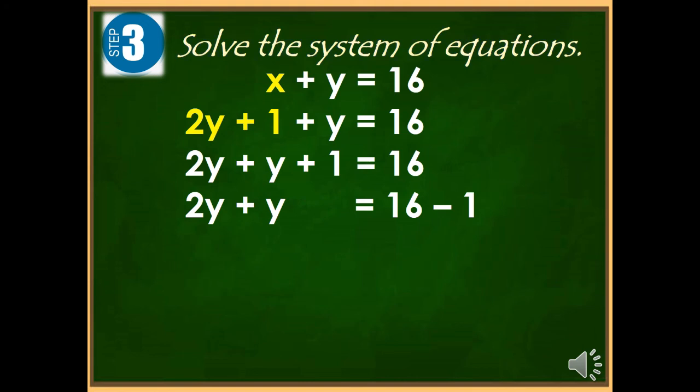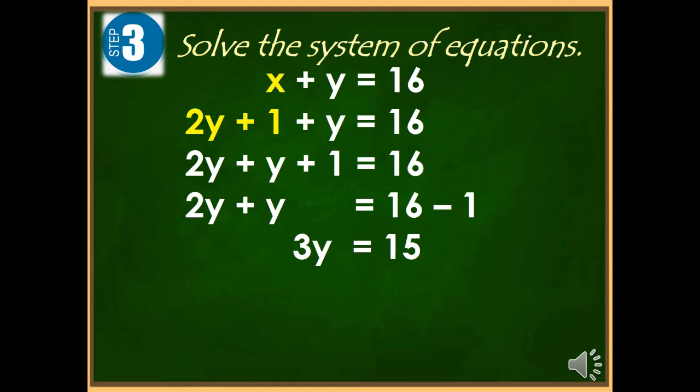Perform the indicated operation. Now, we have 3y equals 15. Why? Because 2y plus y is 3y and 16 minus 1 is 15. Our new equation now is 3y equals 15.